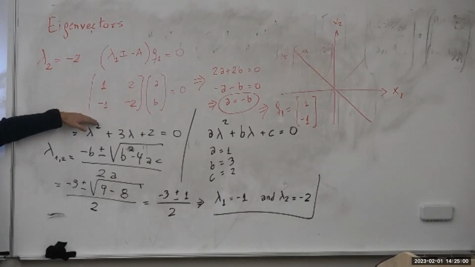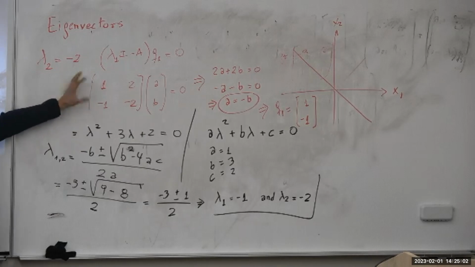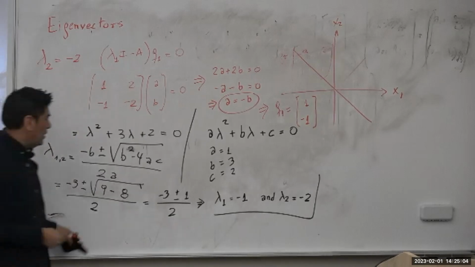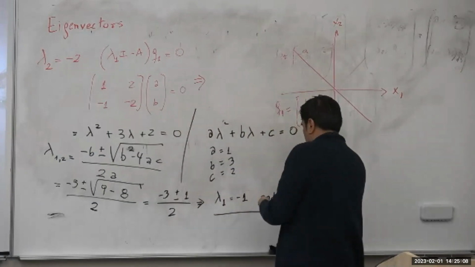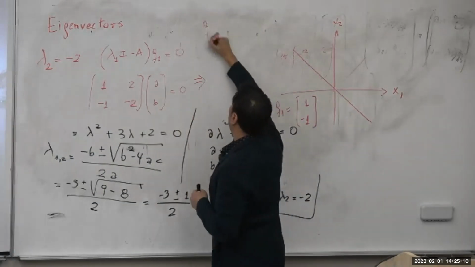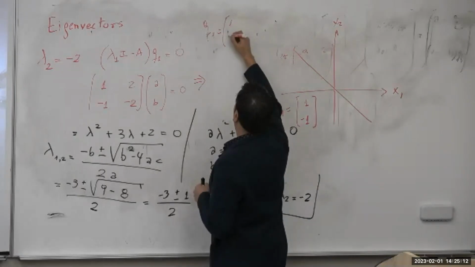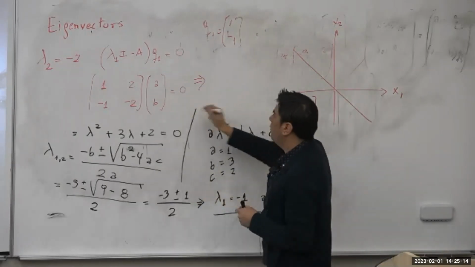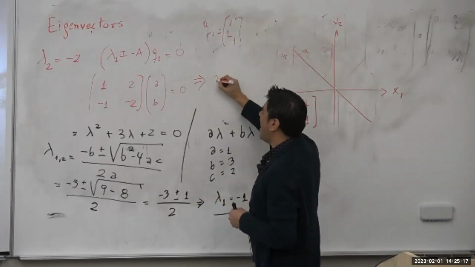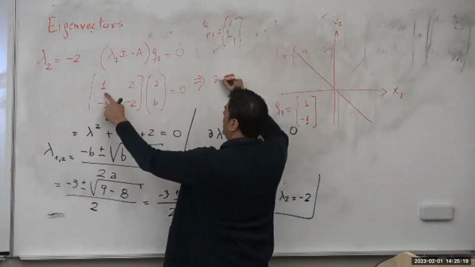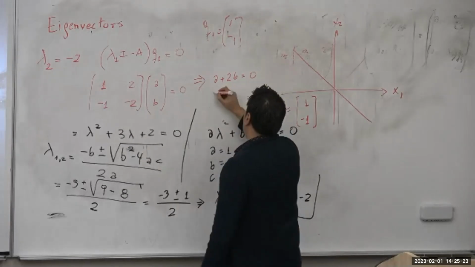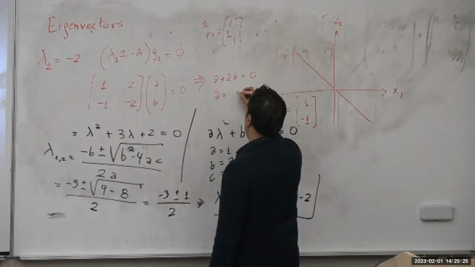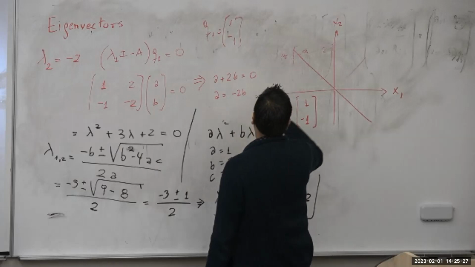The second equation is exactly the same as the first one, but multiplied by negative 1. In this case, then, let's put here Q1 is 1, negative 1. So from this relationship, we get, from the first equation only, A plus 2B equal to 0. So here, A will be negative 2B.